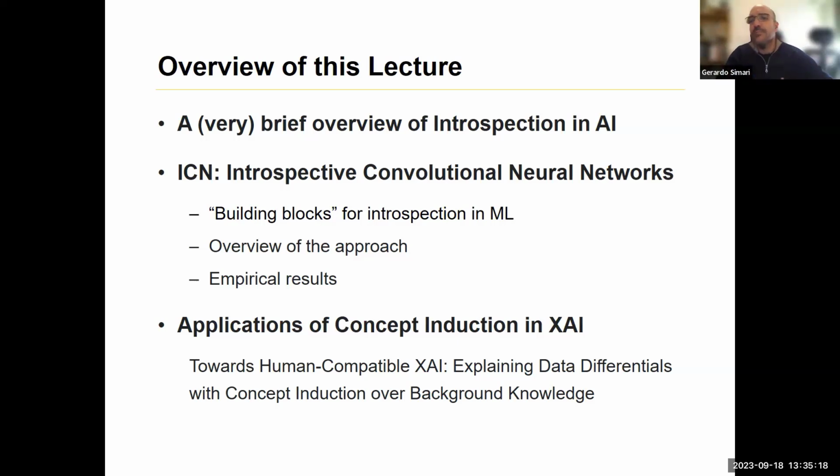Then the two main parts of the lecture will be introspective convolutional neural networks, where before going on to the ICN model itself, which dates from a few years ago, we'll discuss a few building blocks for introspection in machine learning. Then a little bit of the overview of the approach and some empirical results.